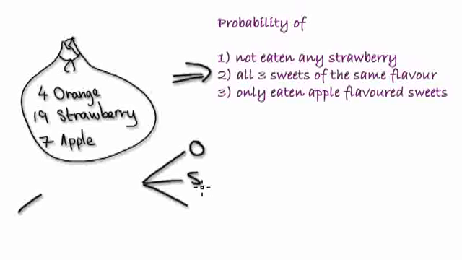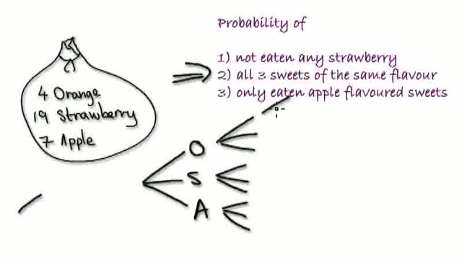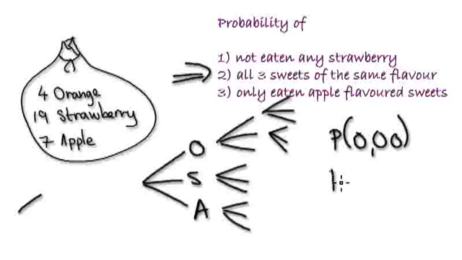It can be complicated, but really you're only interested in the probability of orange, orange, orange.